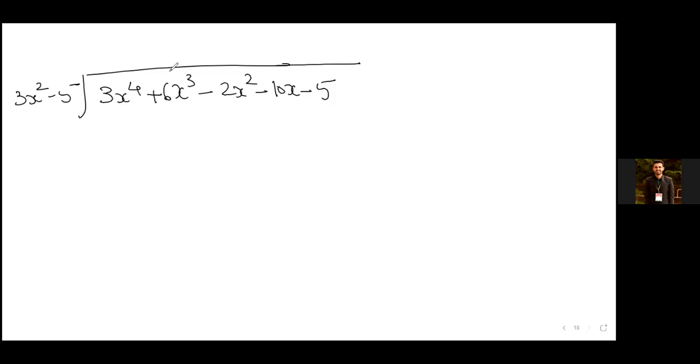Yes. Answer, please. X square plus 2x plus 1. Remainder is 0. Yes. And others? Bhumika, what was the answer you got?